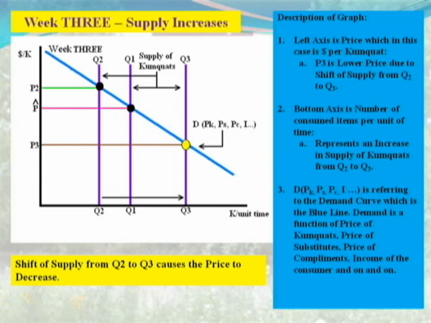Traveling along that blue demand curve, we see where the equilibrium price level drops down to level P3. So the price is lower. So the shift of supply from Q2 to Q3 causes the price to decrease.